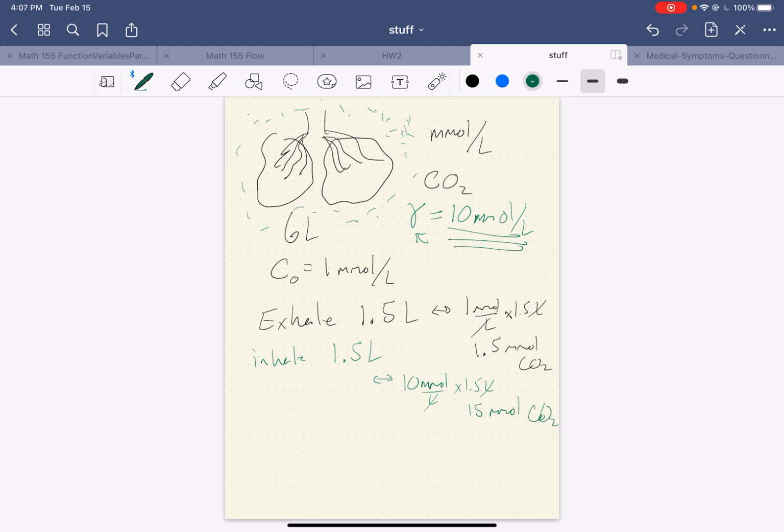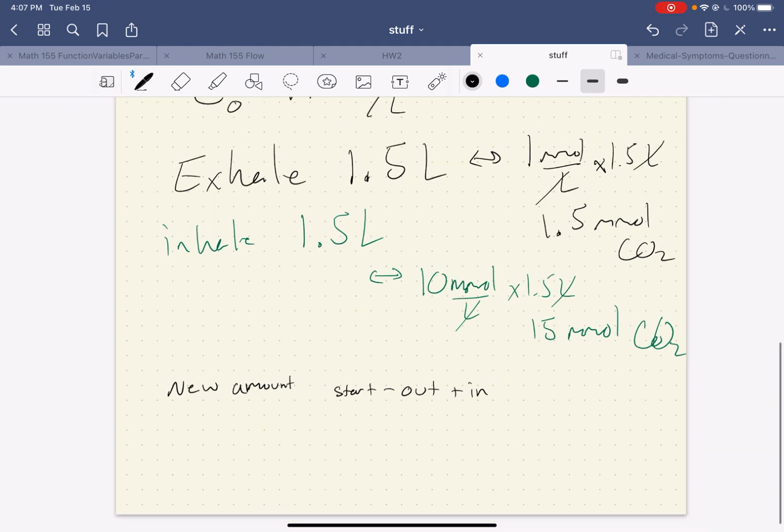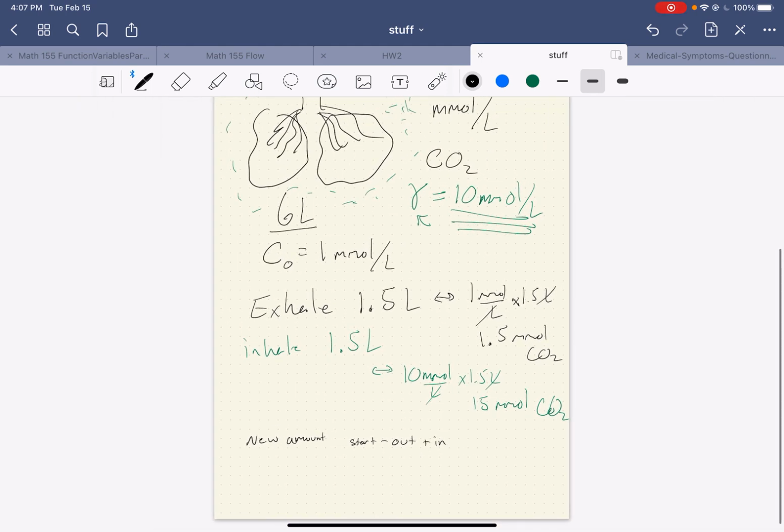Okay. So my new concentration, or let's just do new amount, okay? New amount is the start minus what I breathe out plus what I breathe in. So I began with 6 liters. Each liter had 1 millimole.